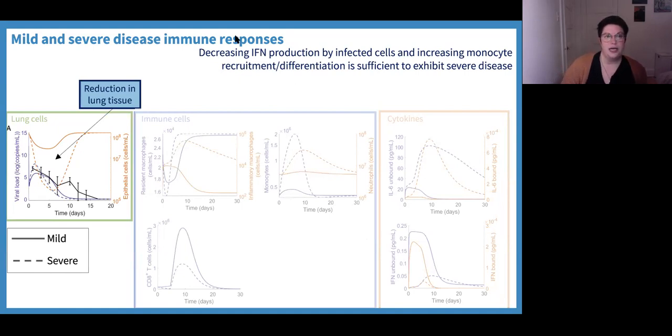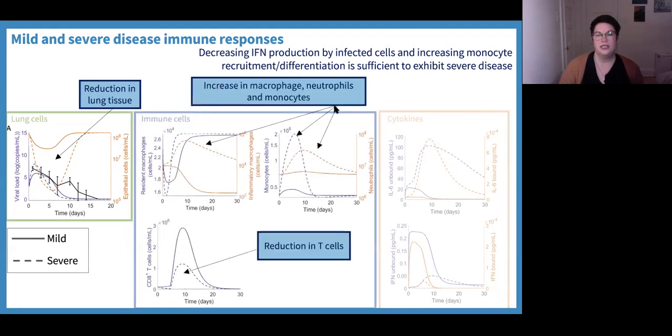And the way we can do that is simply, and this is an emergent property, this is not something we explicitly built in, by decreasing the rate of interferon production. Decreasing interferon production, as we would potentially expect from the results from earlier SARS and MERS, you have a reduction in healthy lung tissue.